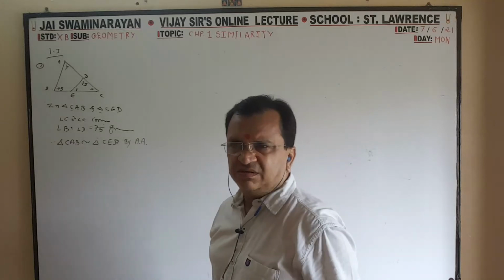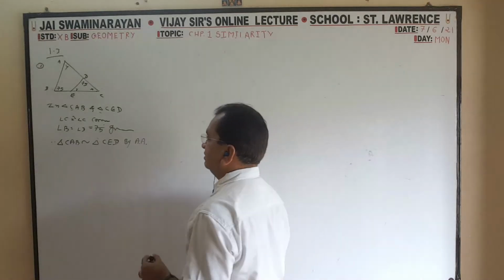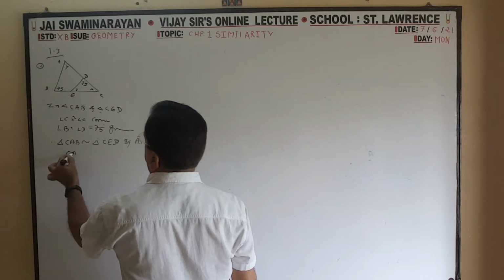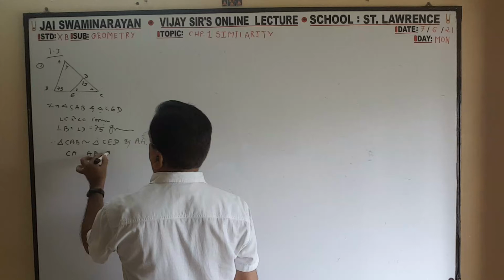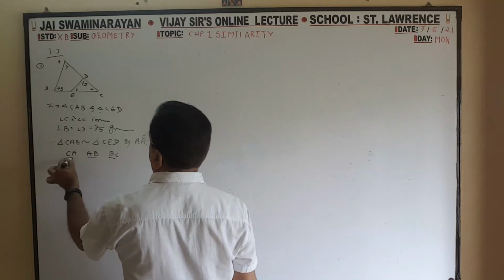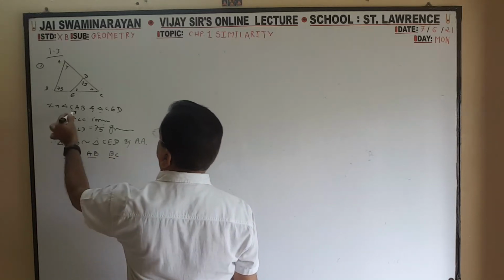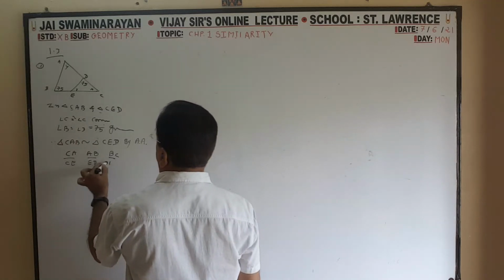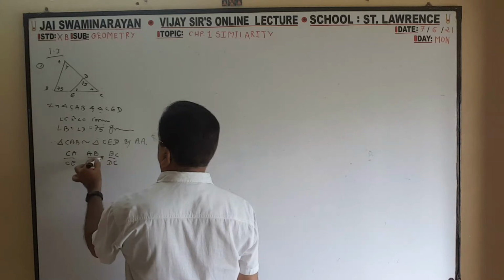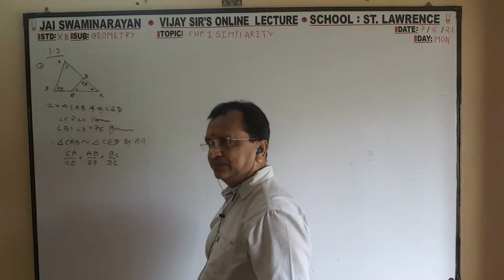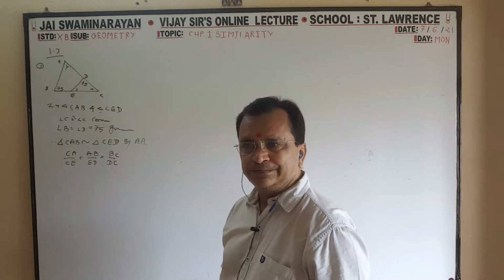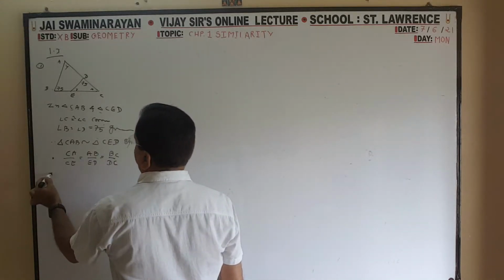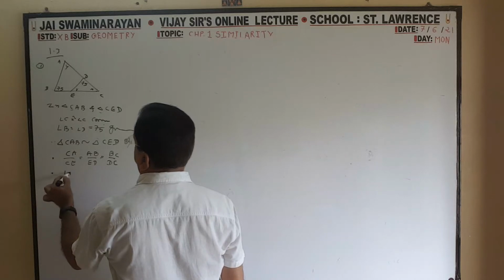Now we have to write the sides. CA, AB, BC, first, second, third, and CE, ED, DC. These are the sides in proportion of angle. Already you have mentioned.